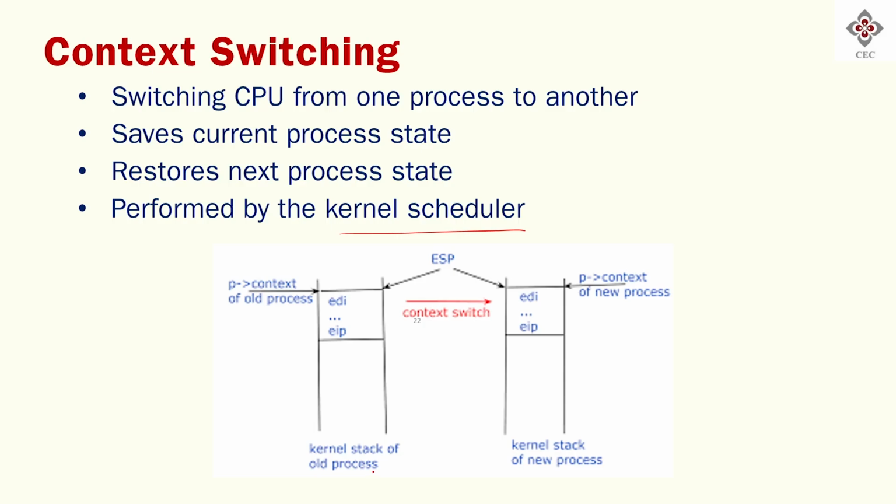If you look at it from the kernel point of view, this is the kernel stack of the old process and the kernel stack of the new process. So, this is the context of the old process, then whenever the service request arrives, it switches over from this to this, and after completing this, when the context is switched again, the context will be given to the new process, and after this it can resume back to the old process.